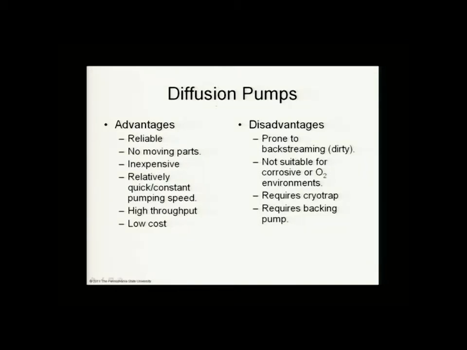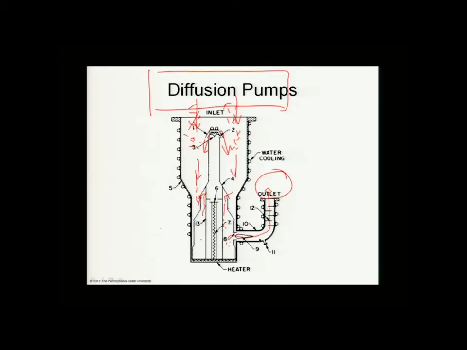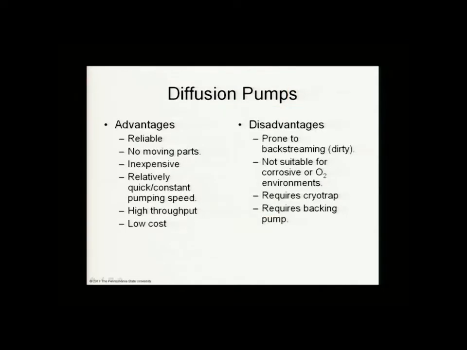The occasional oil molecule will be bouncing its way back, just because it's bouncing everywhere, and some of them will happen to go towards the vacuum chamber, the processing chamber, and we can use cold temperatures to trap those. And then you have to have something to pump on the diffusion pump itself. You need a mechanical pump here to keep this going. So a diffusion pump requires a backing pump, generally a mechanical pump.